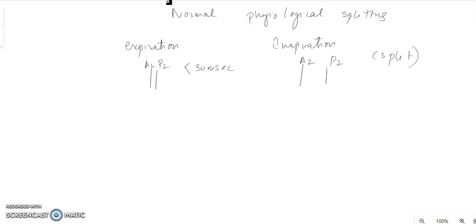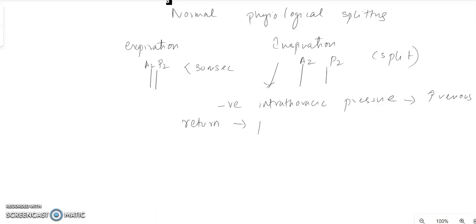Why it occurs: during inspiration, due to negative intrathoracic pressure, what will happen? Increased venous return.